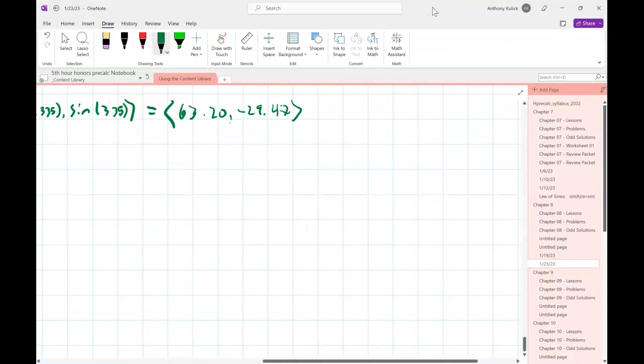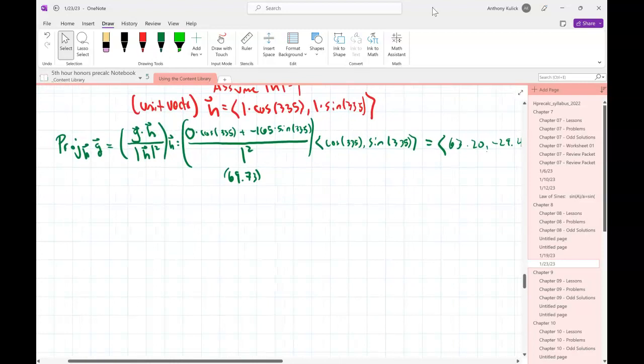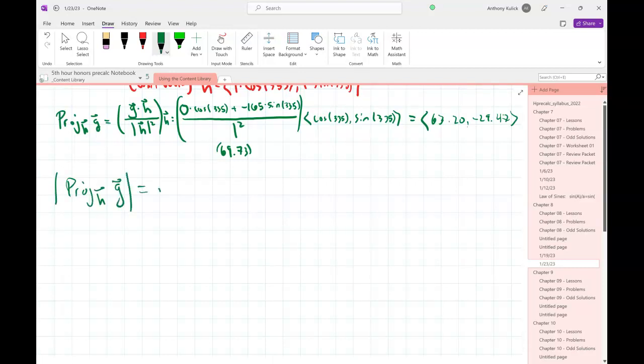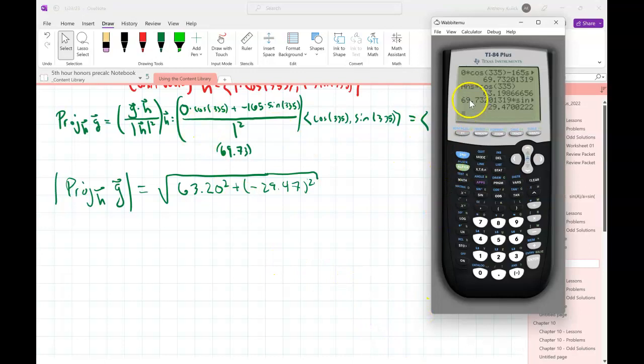So that's my projection. And then to answer the question, I need the magnitude of that projection, which is the square root of that, which is 6973.